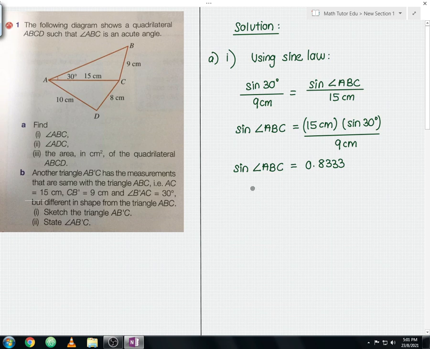So from here you should get angle ABC is equals to 56.44 degree. So this is your answer for question A part 1. Let me underline the angle ABC.